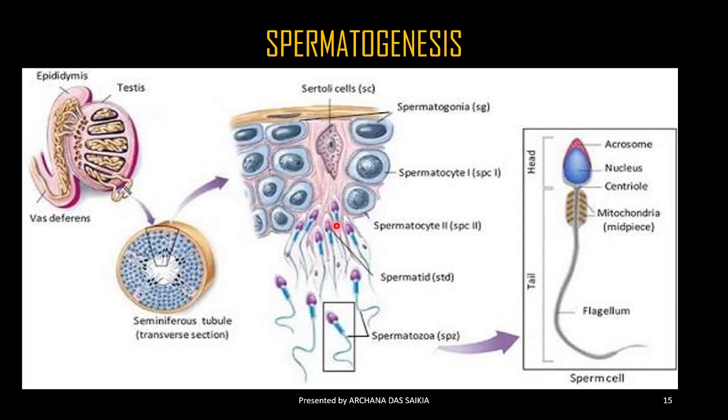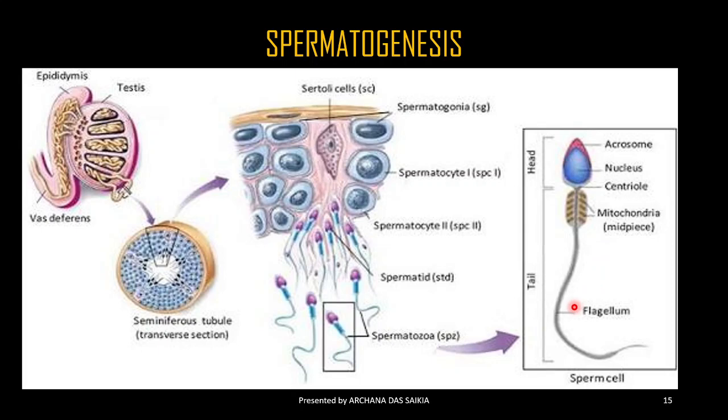As they develop, they move towards the center. The Sertoli cells, located in between the spermatogonia, help in all this development by providing nourishment.